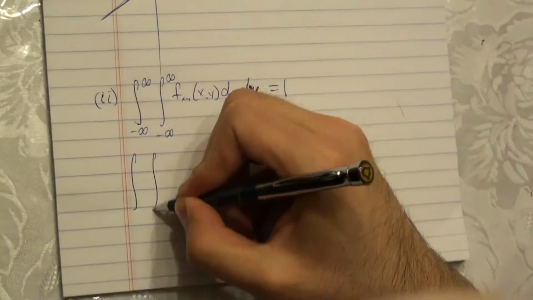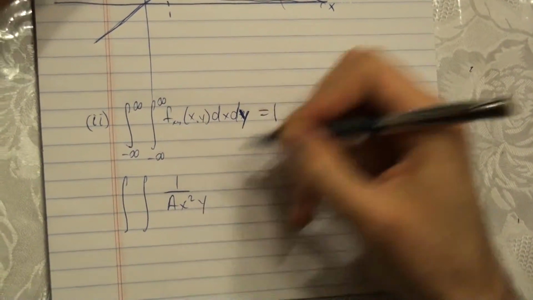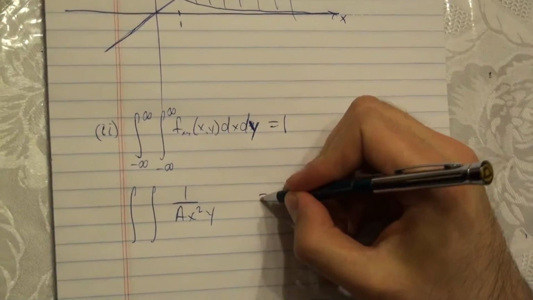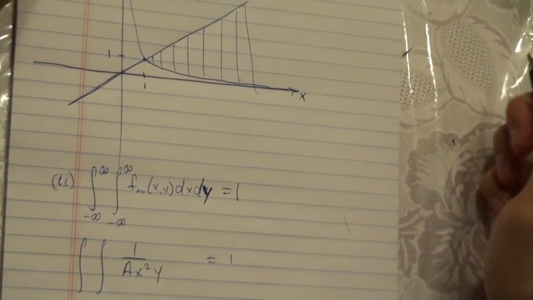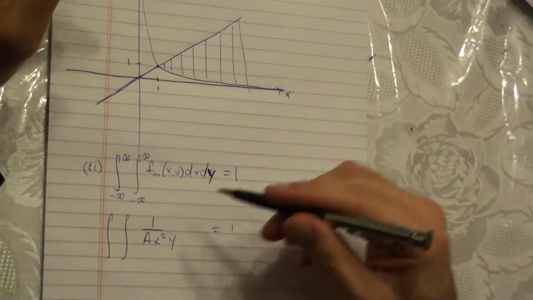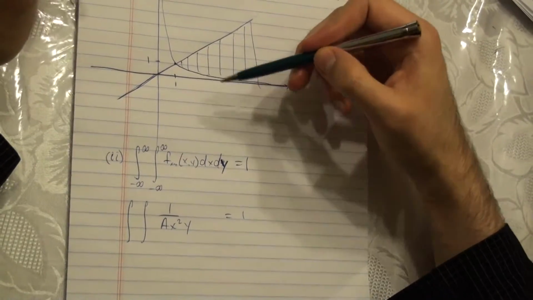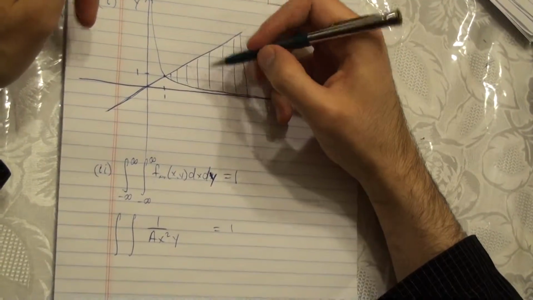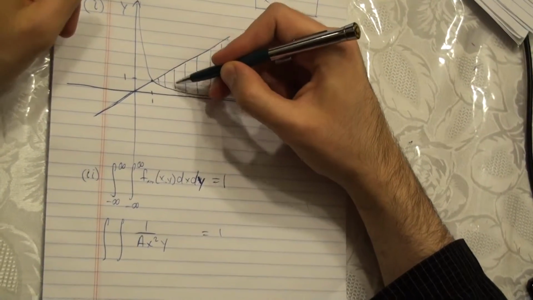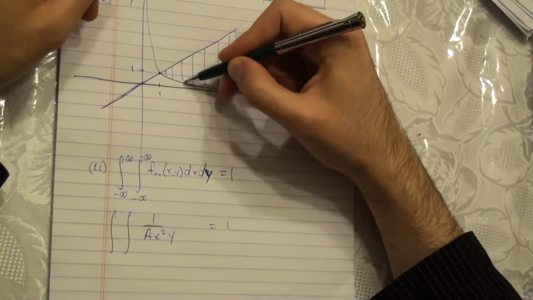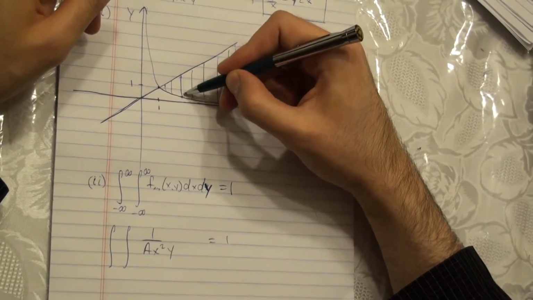So we have here 1 over a x squared y. I want to wait before I put what I'm going to integrate first. The first integral we want to do is from curve to curve. So we're going to integrate y first.